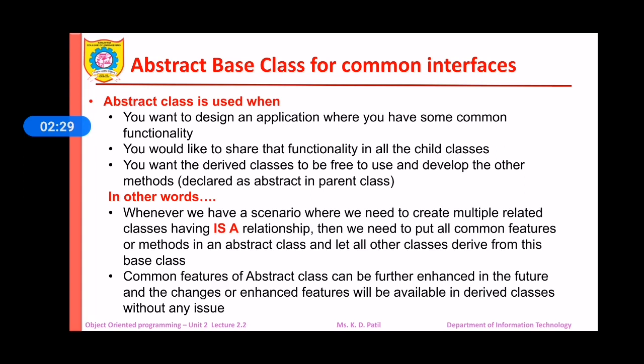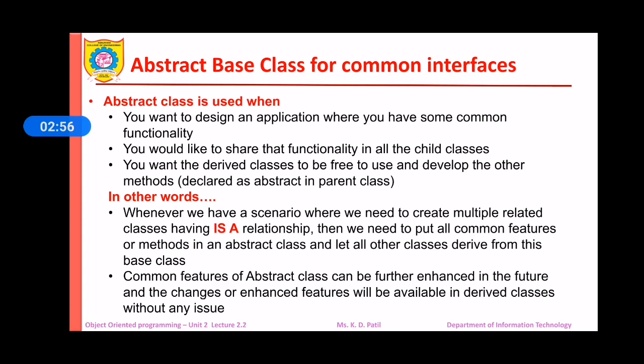In other words, whenever we have a scenario where we have to create multiple related classes having an is-a relationship, then we need to put all the common features, that is all the common methods, all the common interfaces, in an abstract class, and let all other classes which are derived from this abstract class perform the operation.